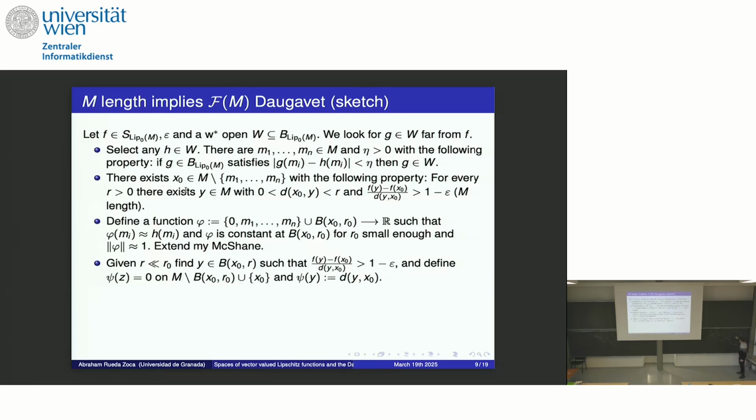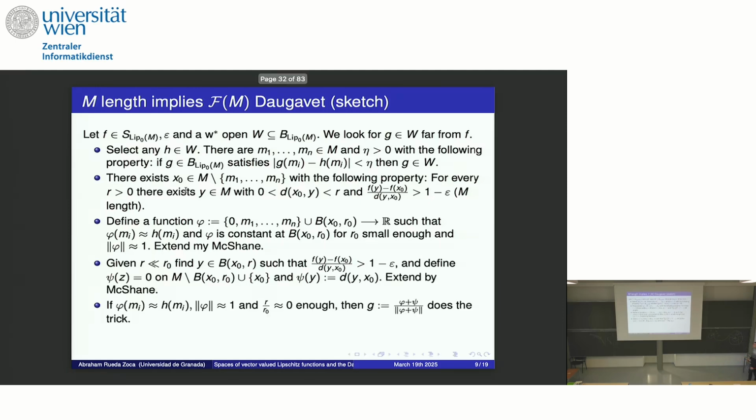So I will take some y close to x0 where f has a big increasing quotient, and I take a function which is 0 out of this smaller ball, being 0 at the center, and touching here, with distance between x0 and y. So we are finding another function which has a big slope at a point near x0, and extend by Mach chain.